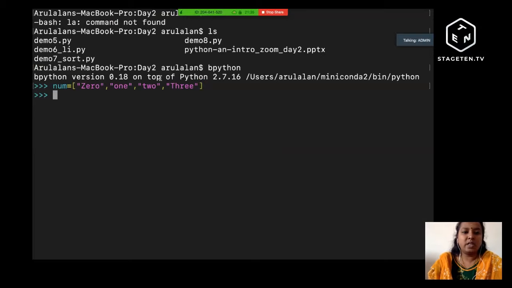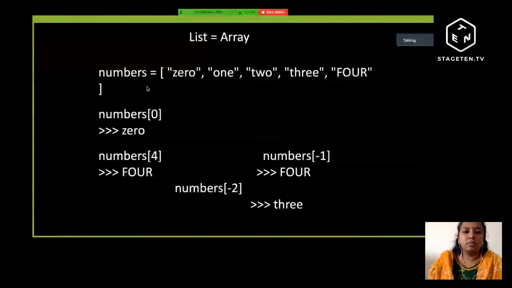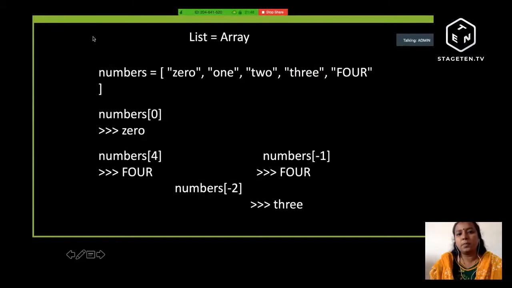So now I have created a list under the name num, which has 4 elements. Then how do we access the elements in the list? Here I have given num of 0. This 0 is the index of the list, so the 0th index element is 0 here, and you get the output 0. If you access index 2, you get the output 2.